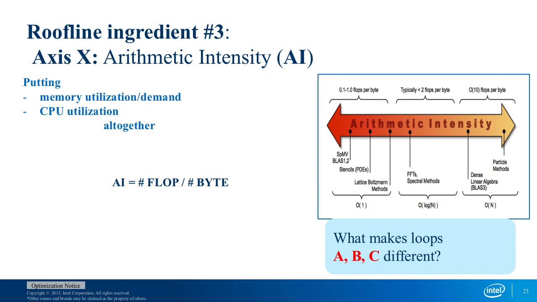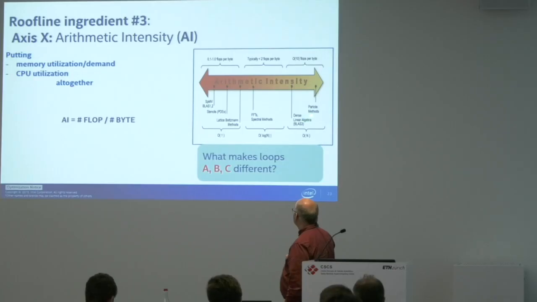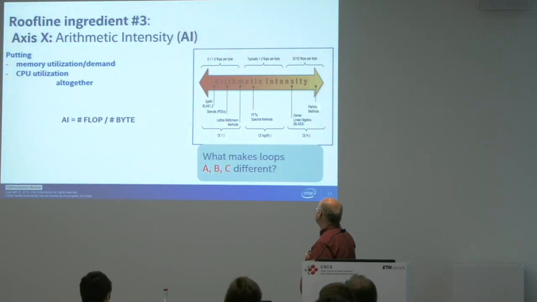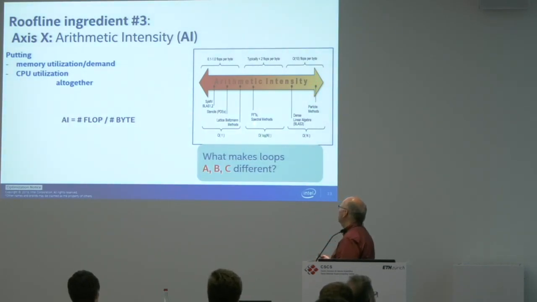So you have different kinds of codes and different arithmetic intensities. The best ones are, of course, the dense linear algebra stuff with the very high arithmetic intensity. So there's much data reuse. Every byte that's read is used for many calculations. Or some particle methods might have even better characteristics.